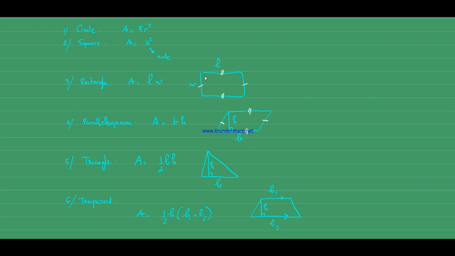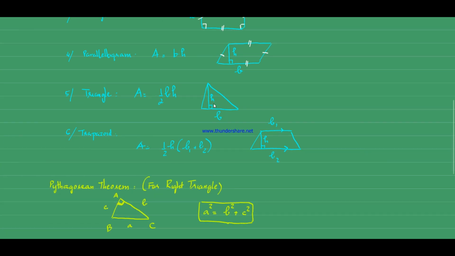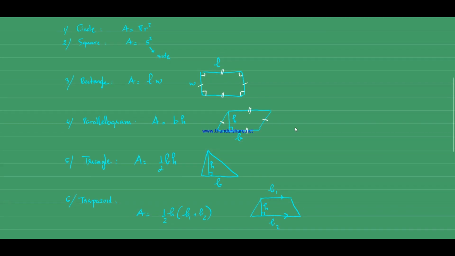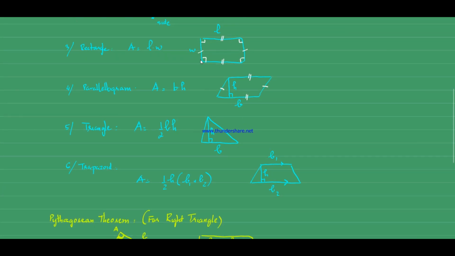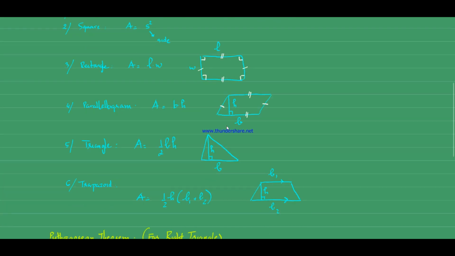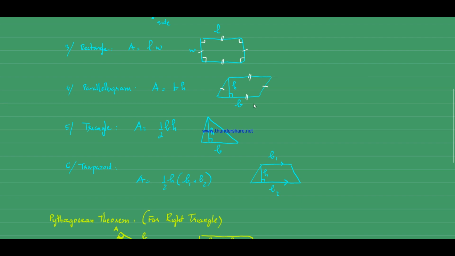But for the rectangle, this is 90 degrees. For a parallelogram, it's not. So these two shapes over here are kind of special, and I want to mention something more about that.